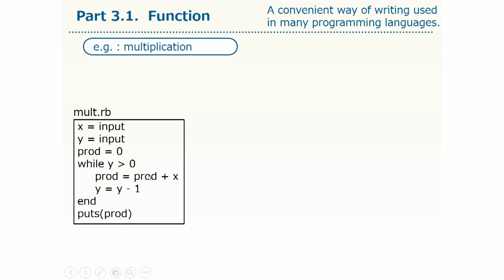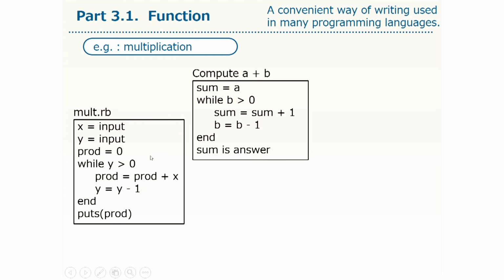On the other hand, we also studied how to compute addition. Okay, so this is the program for addition. And this program computes a plus b using only plus 1 and minus 1. If the program is embedded here, as we learned in topic 1, multiplication itself can be computed with just plus 1 and minus 1.